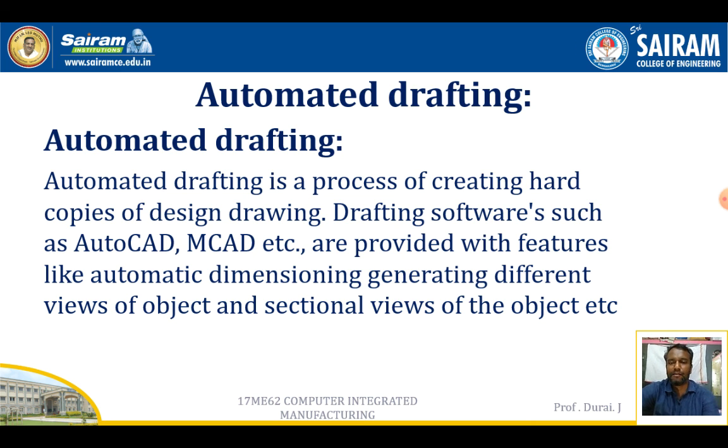So automated drafting is a process of creating copies of the design. Drawing software such as AutoCAD and MCAD provide features like automatic dimensioning and generating different views of an object, sectional views. Wherever it requires sectional views, it provides them, and somewhere it requires a partial section. Those things it will provide in automated drafting.